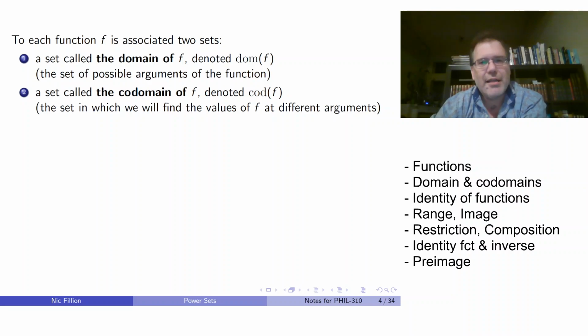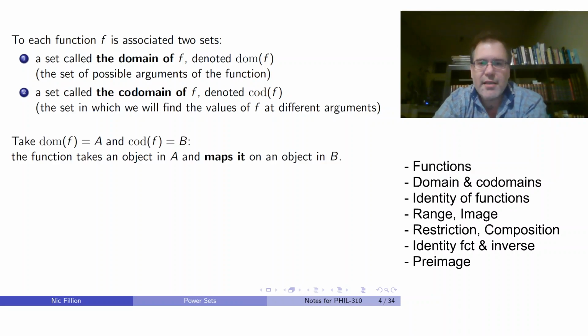And the second set that's associated with the function is called the codomain, which is the set of possible values that the output will take. And it's denoted cod, or codom for codomain, cod of f. All right? So whenever we're going to be talking about a function, we're going to know what its domain and codomain is. If it's not given, then it's not a properly defined function.